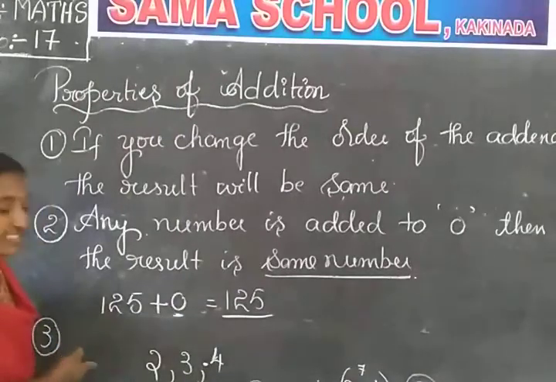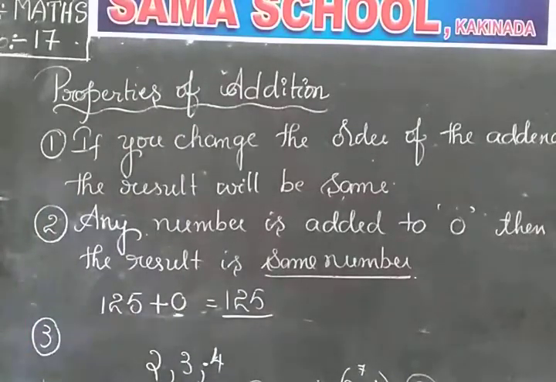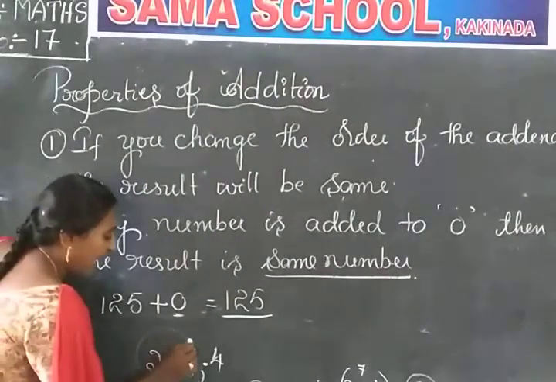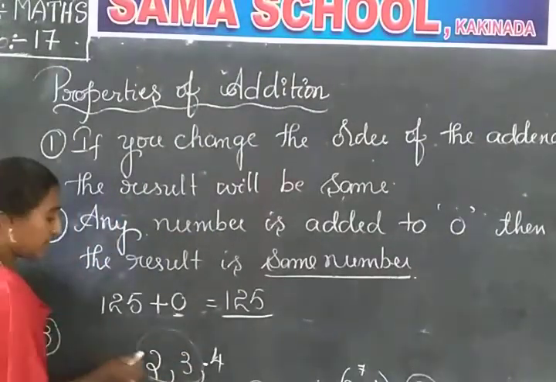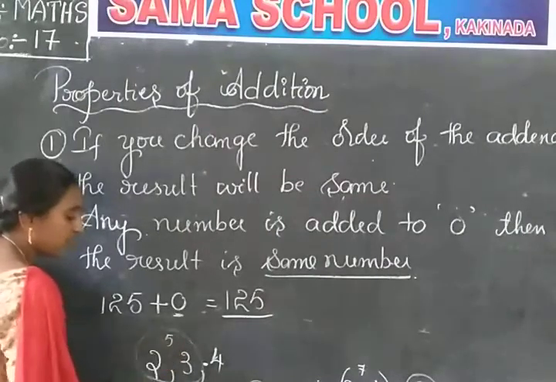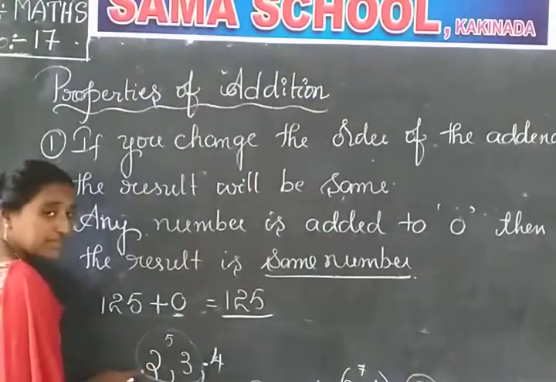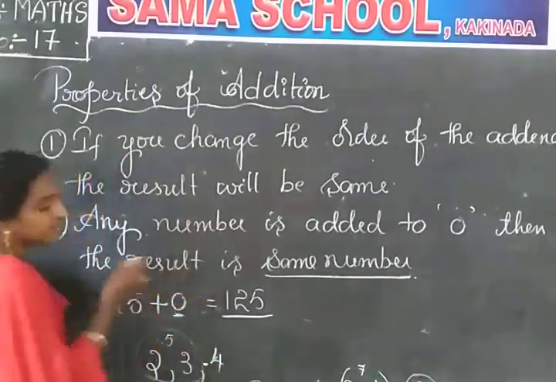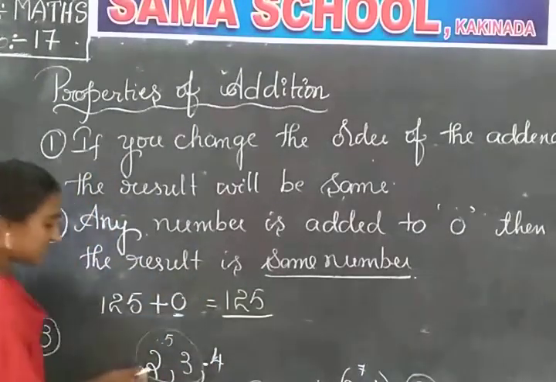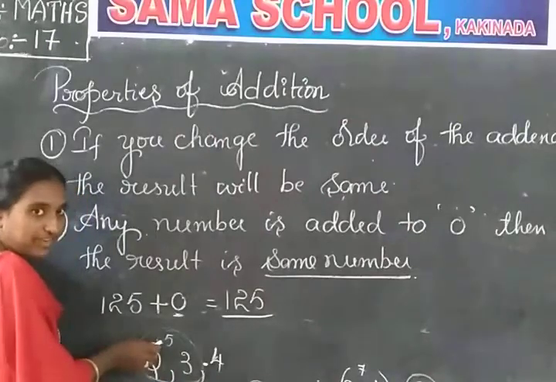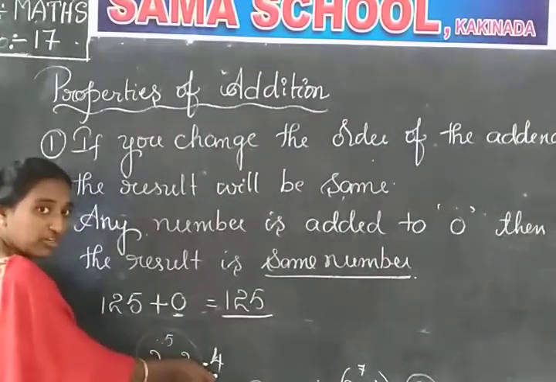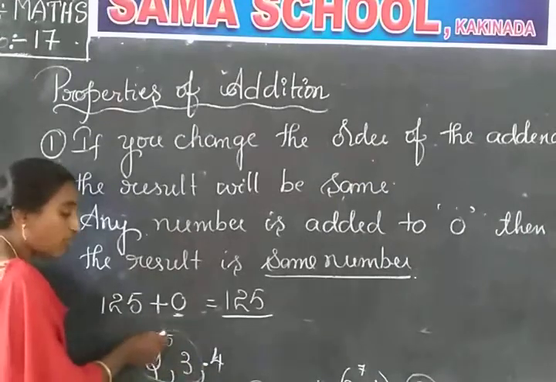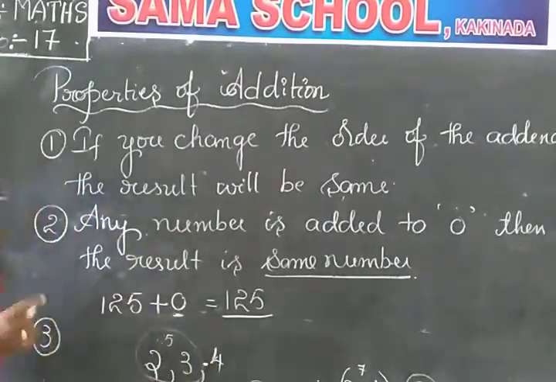And here in this property we have to observe another thing also. See, when you add two numbers, 2 plus 3, how much? 5. When you add two numbers, the result is always greater than the third number. That means, 2 plus 3 is 5. This 5 is greater than 4 only, no? 4 is the third number. The sum of two numbers is always greater than the third number.